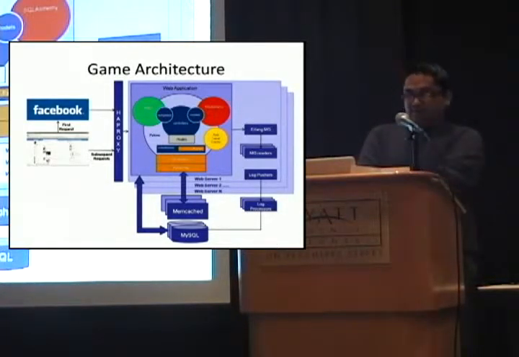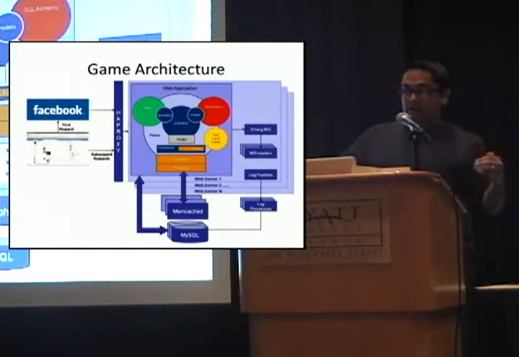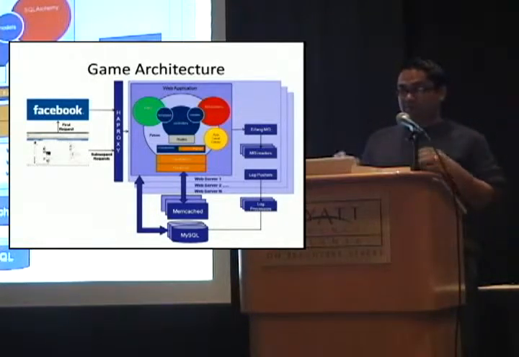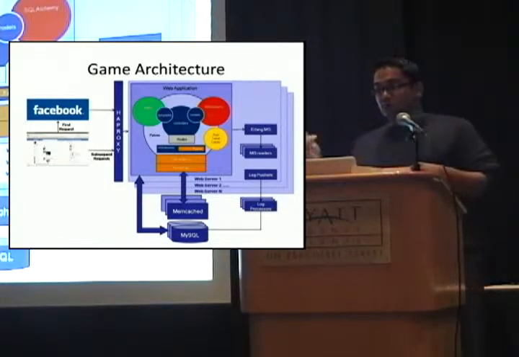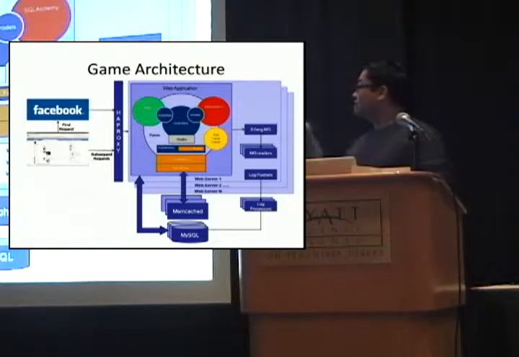Facebook proxies that request to your load balancer. You need to give your URL, but the first request goes to Facebook. Facebook proxies it to your load balancer. We use HAProxy as a load balancer. The load balancer, in turn, sends the request to the web server.